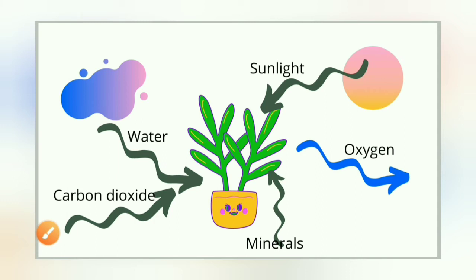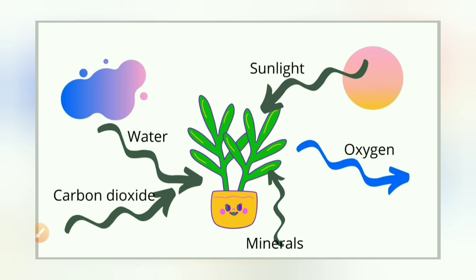Now here is a sample diagram of a plant. What the plant is doing to produce food is absorbing sunlight, absorbing water, and also absorbing carbon dioxide from the surroundings, from the air. And there are certain minerals present in soil that they absorb with their roots. Then they produce glucose.